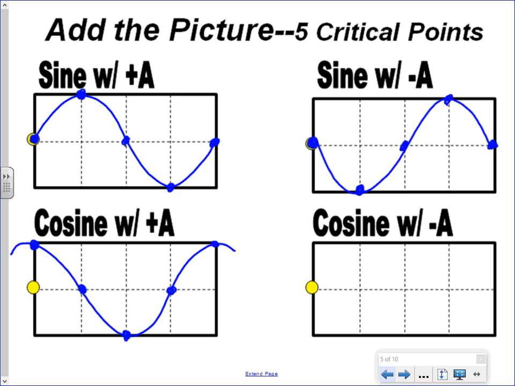And then if our cosine curve has a negative A value, where do we begin in relation to our frame? The bottom corner. Start on the bottom left, and we're going to make what looks more like a hill.